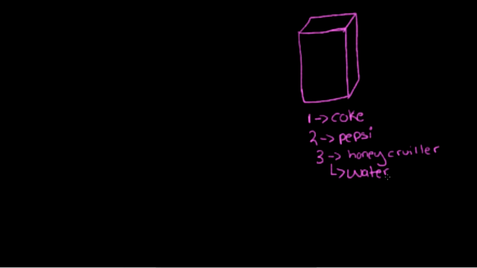Now you'll press 3 and you want a Honey Killer, but you get water instead, or you want water and you get Honey Killer instead. It's probabilistic. So this vending machine is not functioning because for each input you put in, you don't get a specific output.